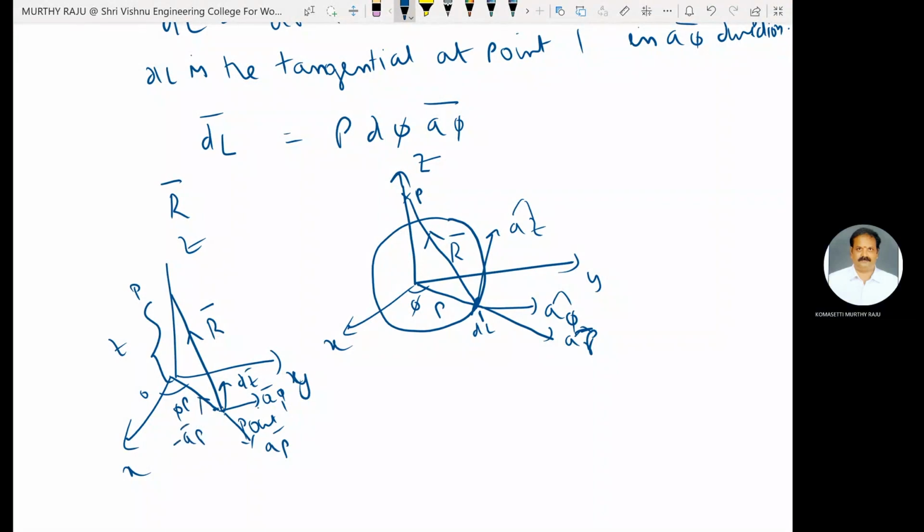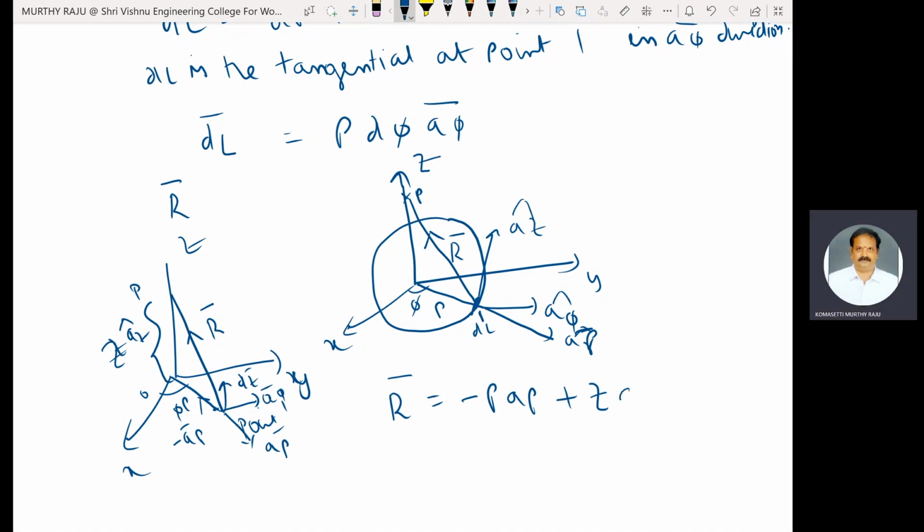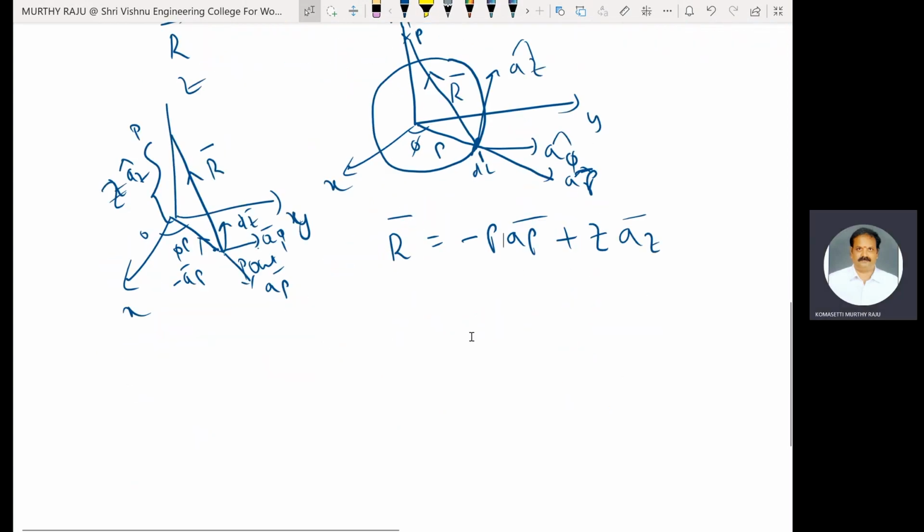Here a z. Therefore, by using vector addition, R vector is equal to minus rho a rho plus z a z. This is the vector R bar.